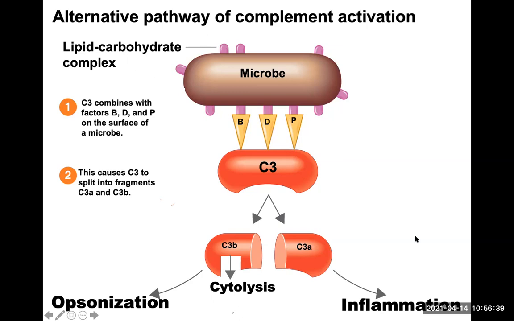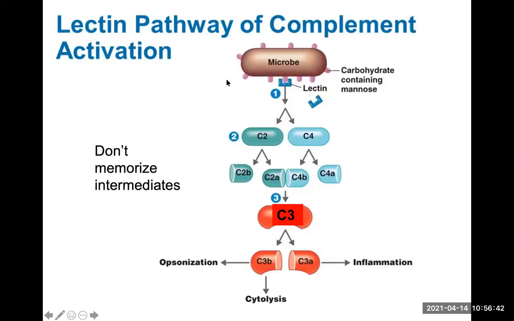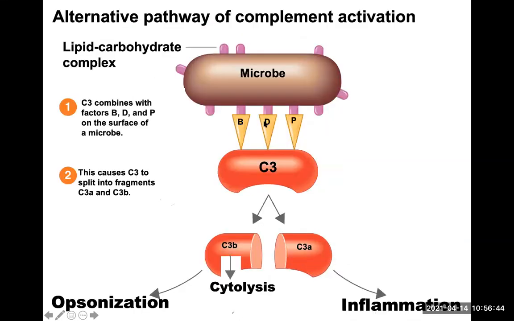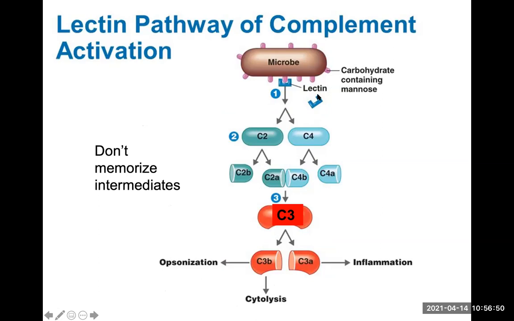Okay, then you have the lectin pathway, which instead of having BDP bind to receptors on the microbe, you have this lectin that binds to mannose. So you have other receptors on a microbe that are made of mannose, and you'll get the binding of lectin to the mannose.